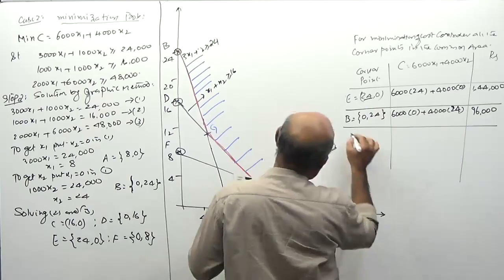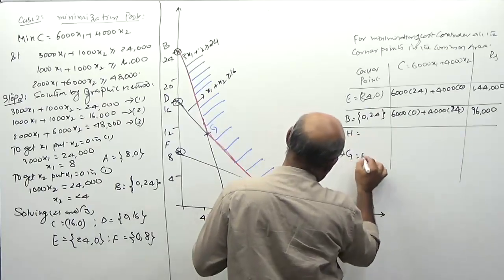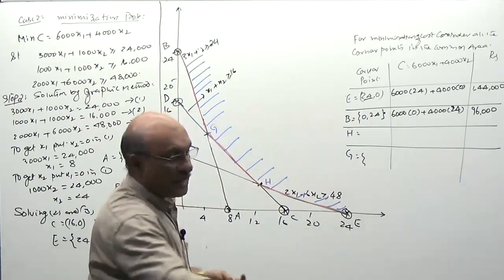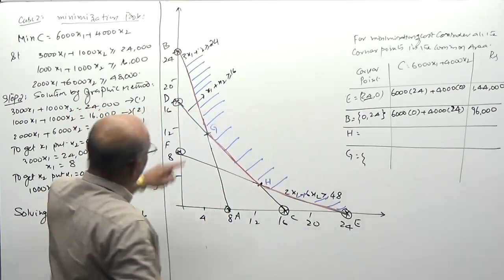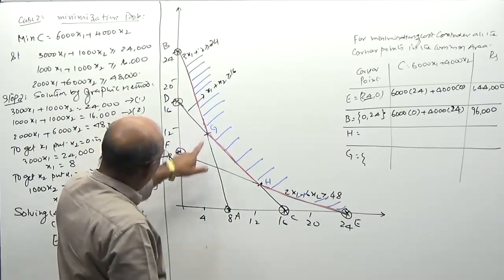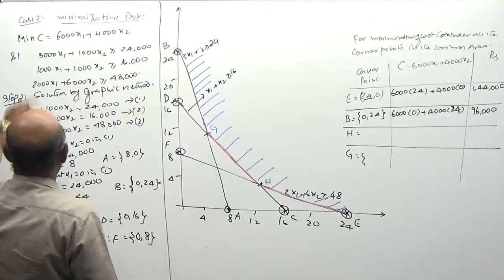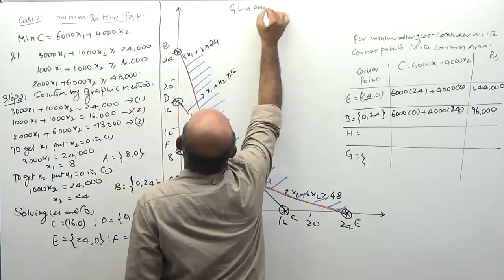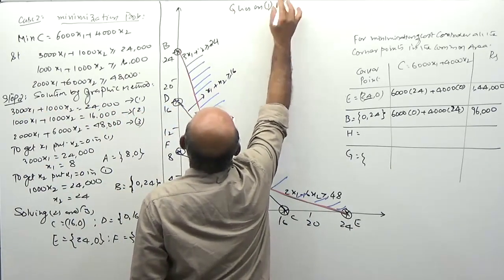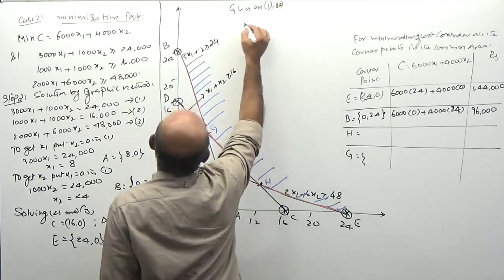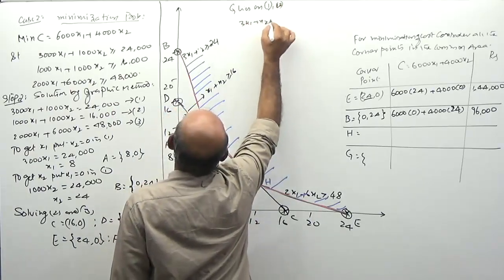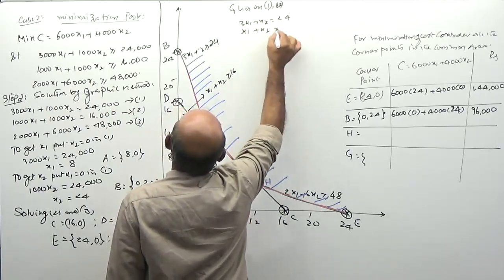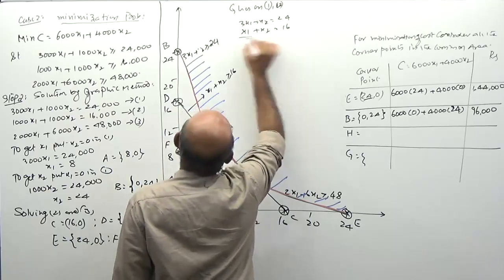Now two more points we have, H and G. Now sir, look at this. Point G lies on 1 and 2. So this is 3x1 plus x2 is equal to 24, x1 plus x2 is 16.